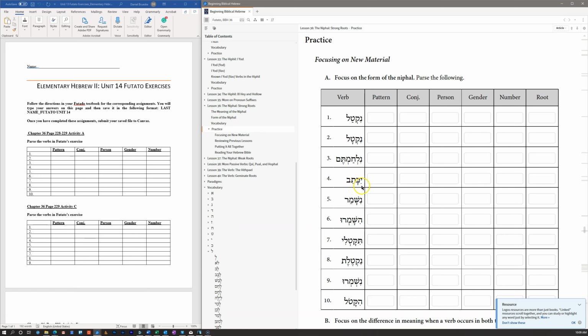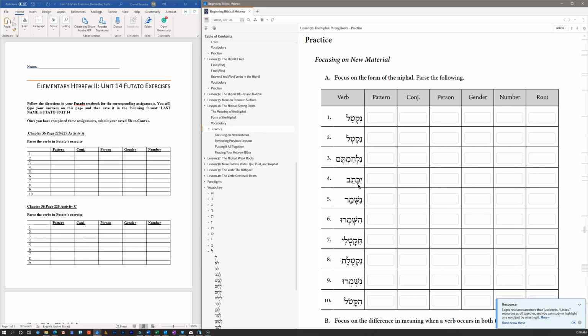Next one, we've got yikatev. Yikatev here, we see the yod prefix with a hiriq. That's a good indication that we're looking at an imperfect form. And the hiriq prefix often indicates Qal. The problem is we get to R1 and we've got a dagesh and we've got a qamets here.